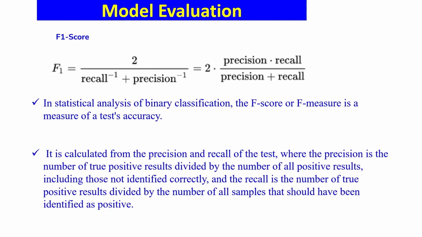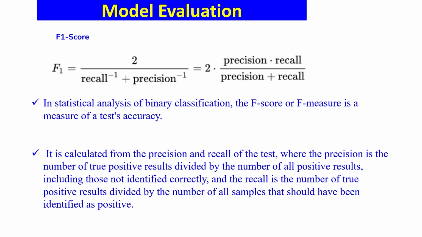F1 score is basically the harmonic mean of both precision and recall. That is why it is written as 2 divided by recall inverse plus precision inverse. If you do the mathematics properly, it becomes 2 multiplied by precision into recall divided by precision plus recall. In statistical analysis, the F1 score or F score is a measure of test accuracy, a very important parameter. It is calculated from both precision and recall.